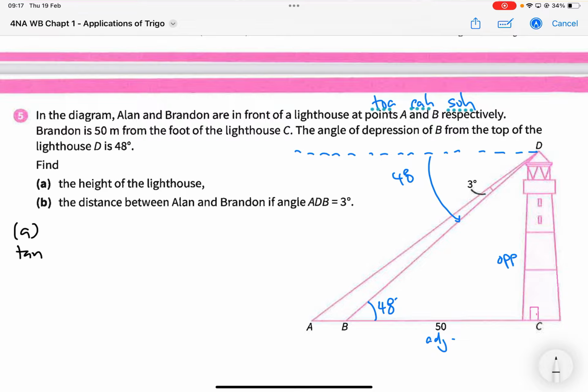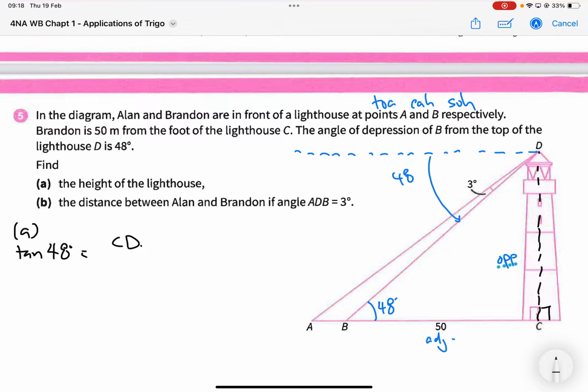I can write down tangent of 48 is equal to opposite, which is CD, the height of the lighthouse. Okay? Height, so it is considered to be 90 degrees. If we join C and D, we are expecting it to be a 90 degree height. Okay?